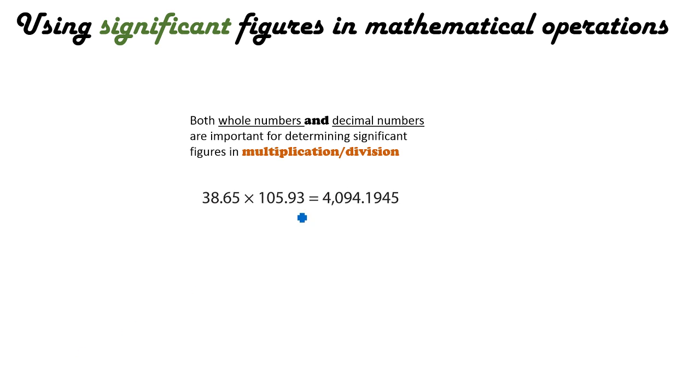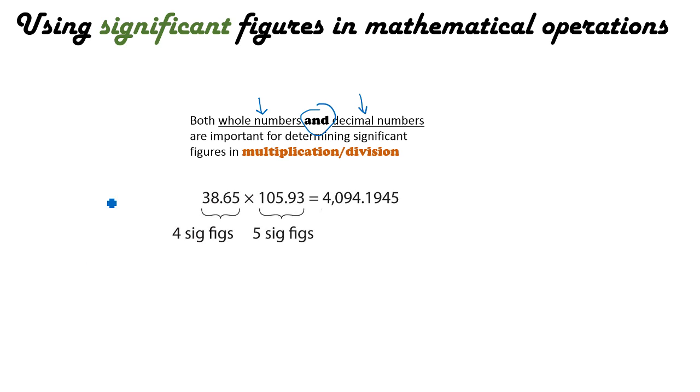Tired of red, let's go blue. Okay, so here, if I look at 38.65, I have to count up the significant figures in the whole number and the decimal portion, right? So that would be 4 significant figures, 38.65. If I look at 105.93, that 0 is a trapped 0, so I have 5 significant figures.